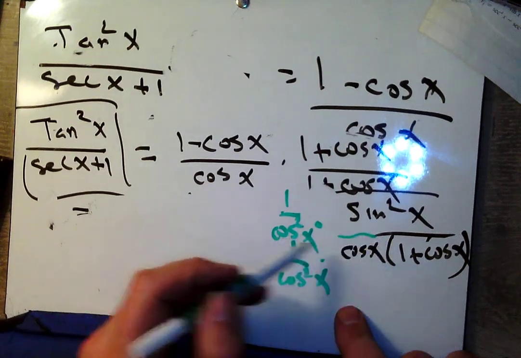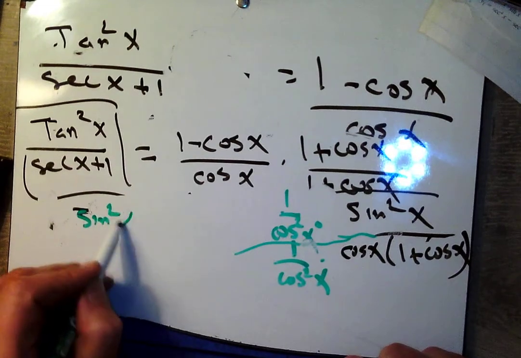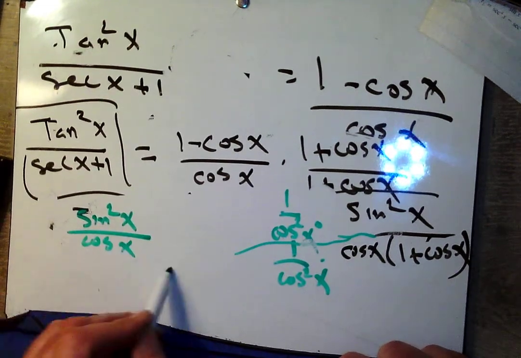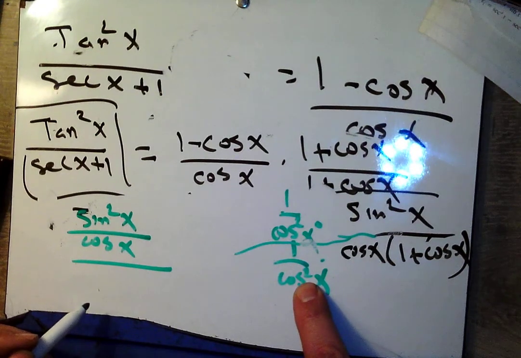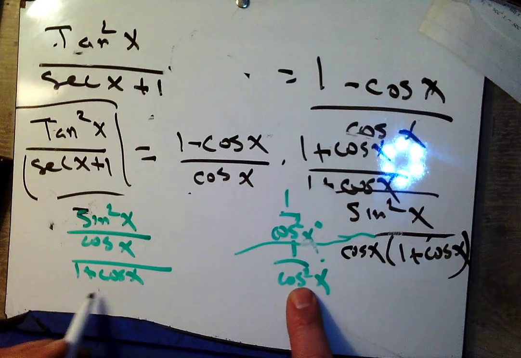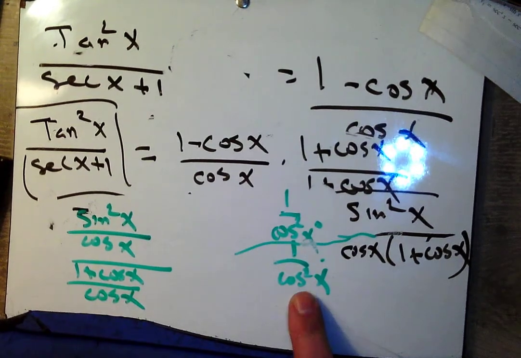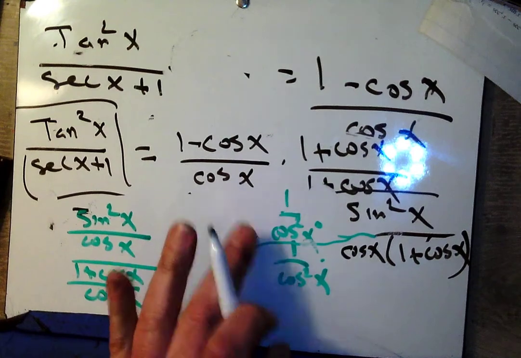So how does this help? Well, let's take a look. Now I've got sine squared over cosine squared. And on the bottom, this cancels one of those. And so on the bottom, I have 1 plus cosine over the remaining cosine. And so now I do my flip and multiply. Something like this.